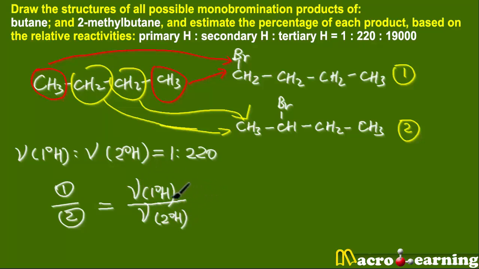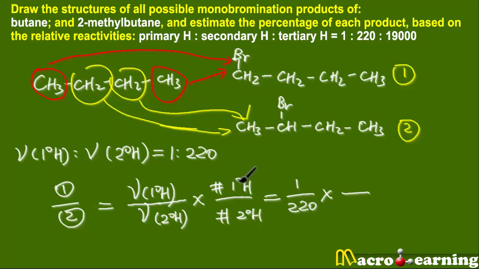That's not all. We have to take into account the numbers of hydrogens, so that times the ratio of how many primary hydrogens over the number of secondary hydrogens. Okay, so now this is of course 1 over 220 times, what is this then?